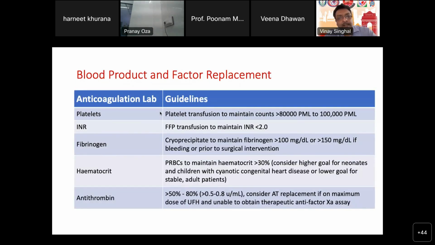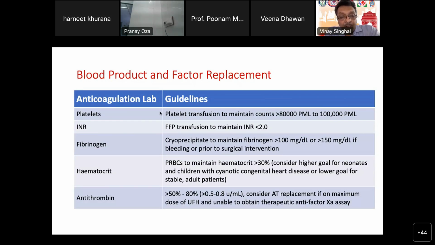So blood product and factor replacement, when to be done. For platelet transfusion, we have to maintain the counts more than 80,000 to 1 lakh, and INR should be maintained less than 2. Fibrinogen: cryoprecipitate should be used to maintain the fibrinogen level more than 100 milligram per deciliter, or more than 150 milligram per deciliter if bleeding or prior to a major surgical intervention.